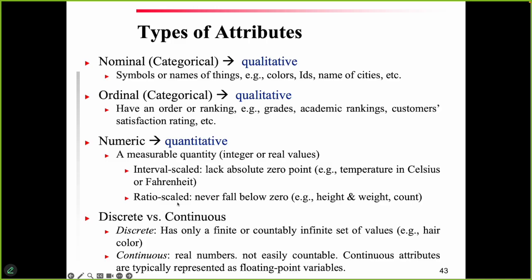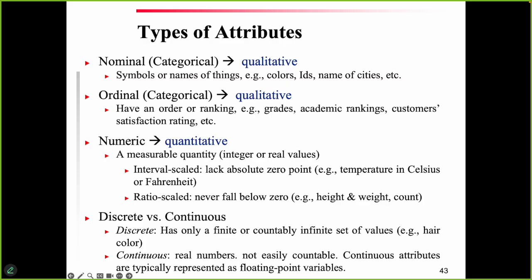And second, they are ratio scale because they never fall below 0, and also 0 means none in terms of quantity. If I tell you height is 0, it means it doesn't have any height. So the 0 has a real meaning. If I say weight is 0 kilogram, that 0 kilogram actually means no weight. 0 income means no income. But temperature 0 degrees Celsius doesn't mean no temperature.